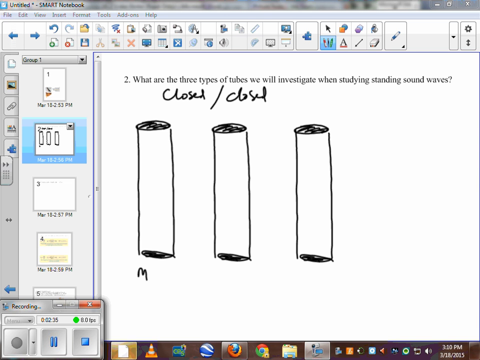We're going to look at the first harmonic, the second harmonic, and the third harmonic. What's interesting is they use the exact same equations that we had for open tubes and the same equation for fixed strings. The waves, though, look a little bit different. In this situation, we have the waves looking like this, but the length of the tube still is half a wavelength.